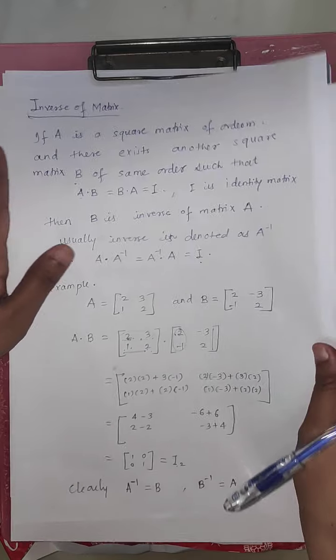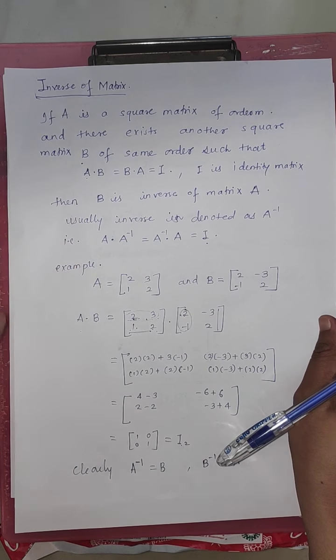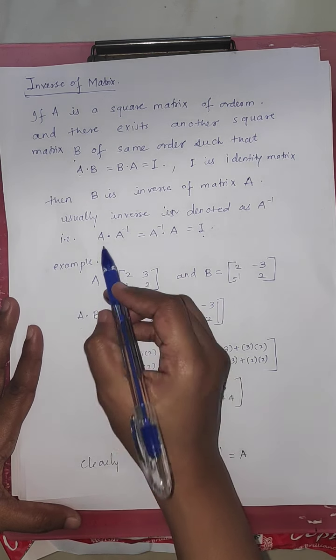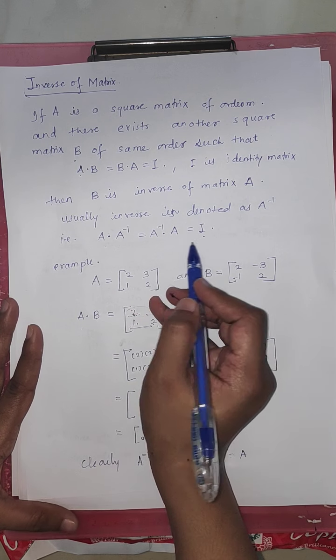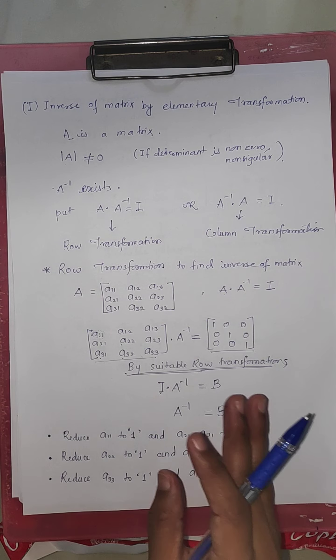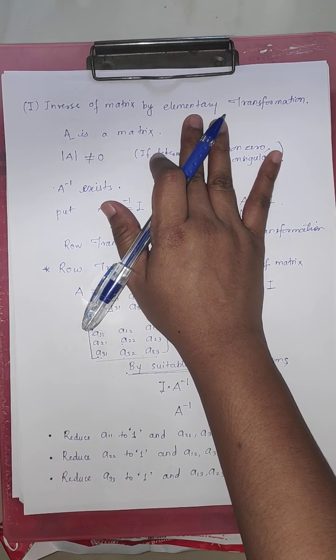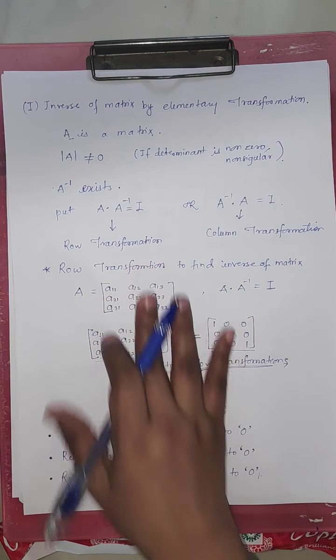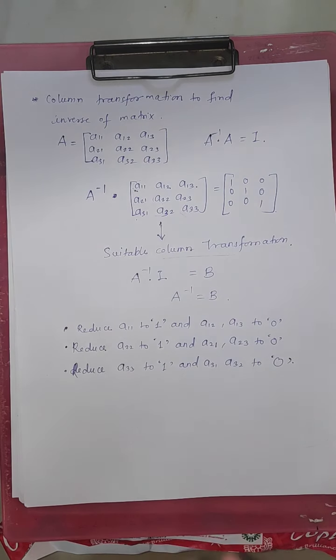So first we saw what is the inverse of a matrix. Inverse of a matrix is only possible for a square matrix; A into A inverse or A inverse into A, both are identity. Now we have seen how to find inverse of matrix. There are two methods, elementary and adjoint. First we saw elementary transformation by row transformation and by column transformation.